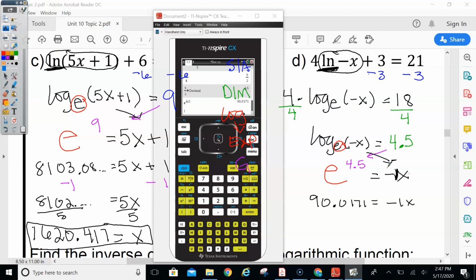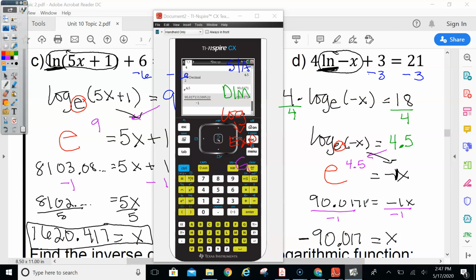Okay, so the last step would be just to divide by negative 1. All that's going to do to my answer is just make it negative. So divide it by negative 1. And if I want 3 decimals, x is negative 90.017, because the 1 is going to leave the 7 alone.